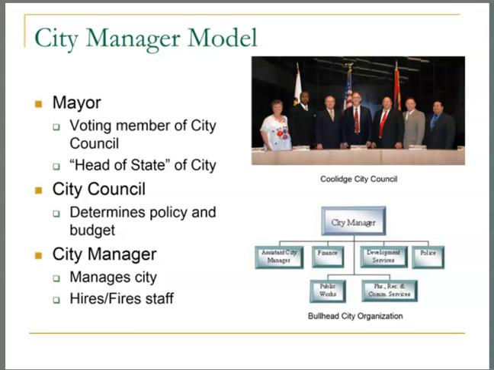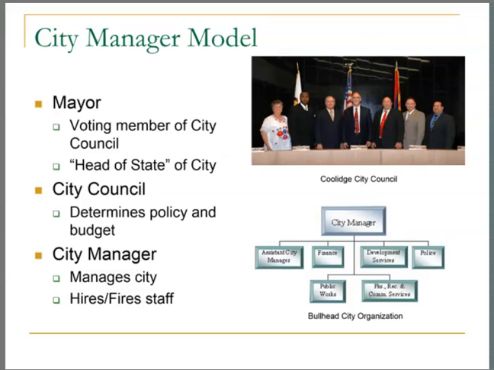In the city manager model system, the mayor is on the city council and gets a vote on the rules and ordinances like any other member of the city council does, but has no additional authority beyond what any other city council person would have.